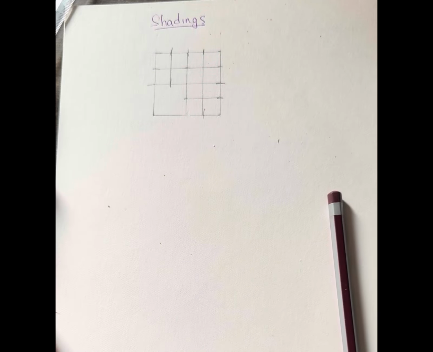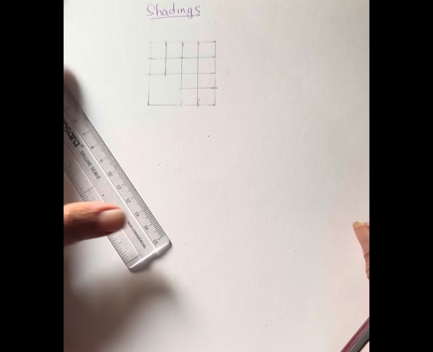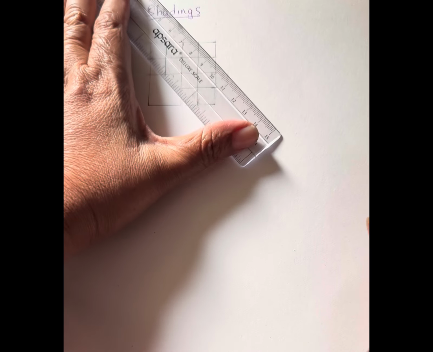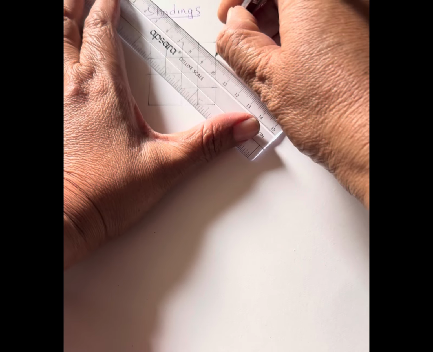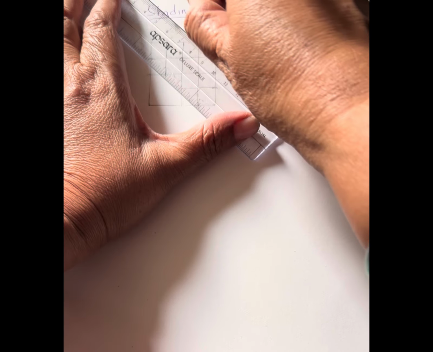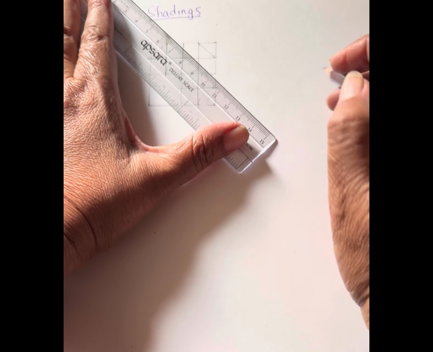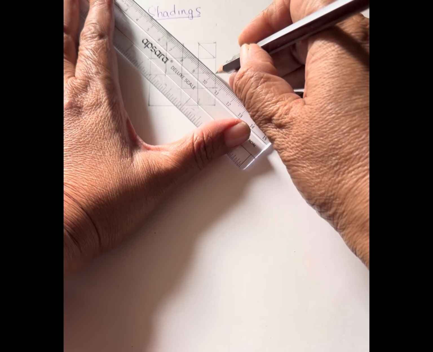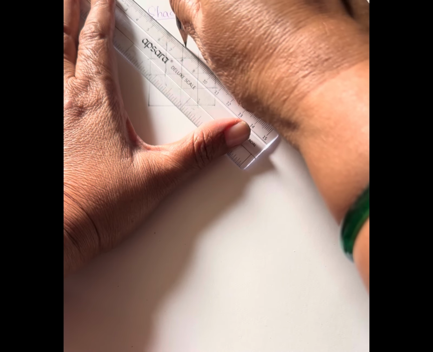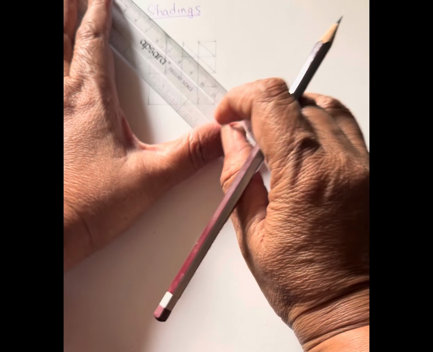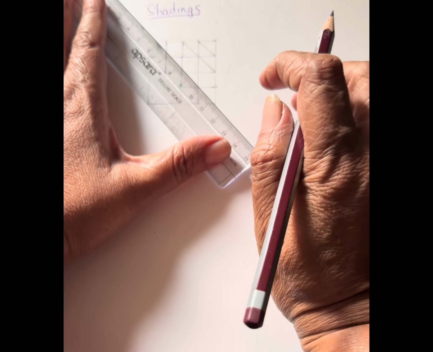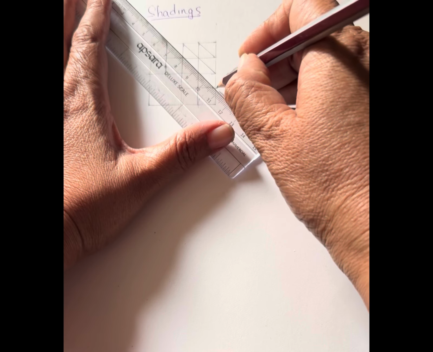Right? So we first draw the smaller squares and then we shade it. Now to shade, what we do, we first draw diagonals. Like here, first draw a diagonal with the small square. Then with these two squares also draw a diagonal. Then with the three squares also draw a diagonal.